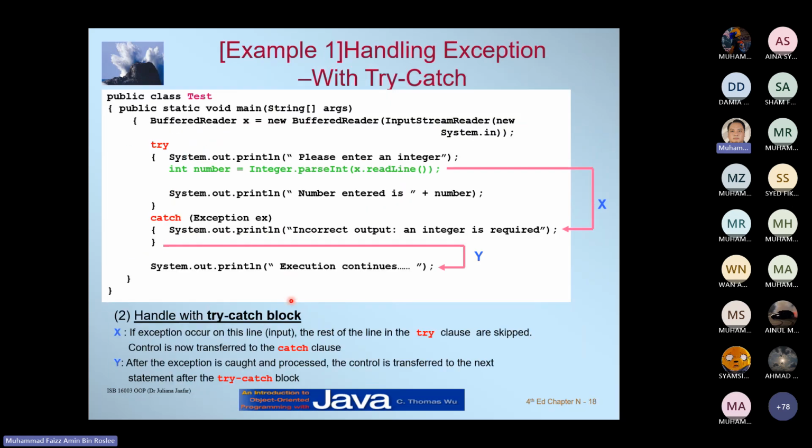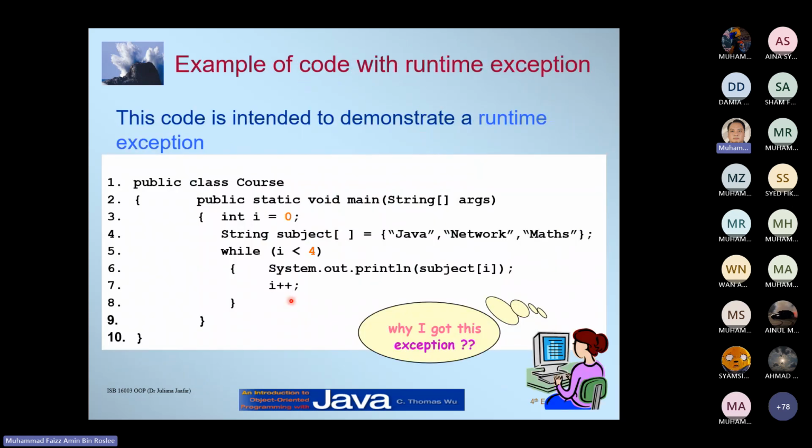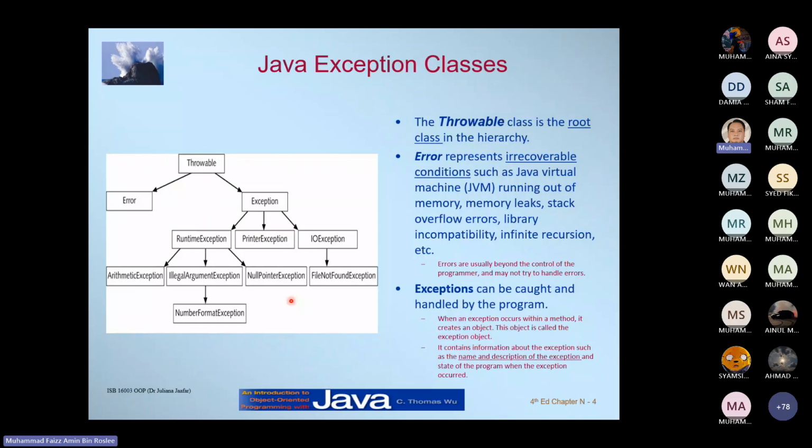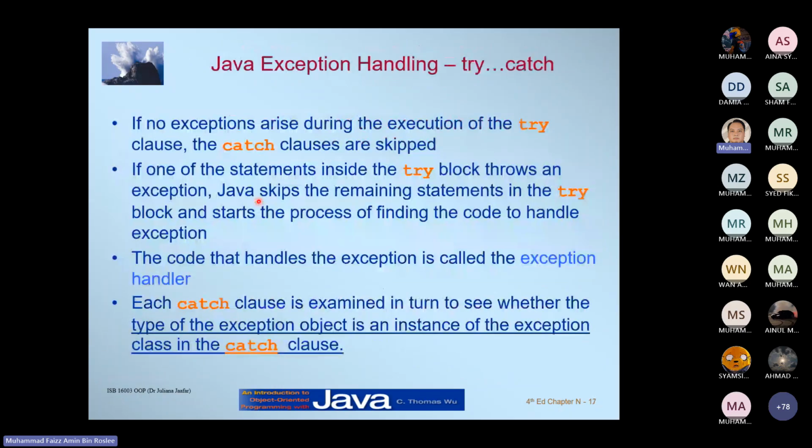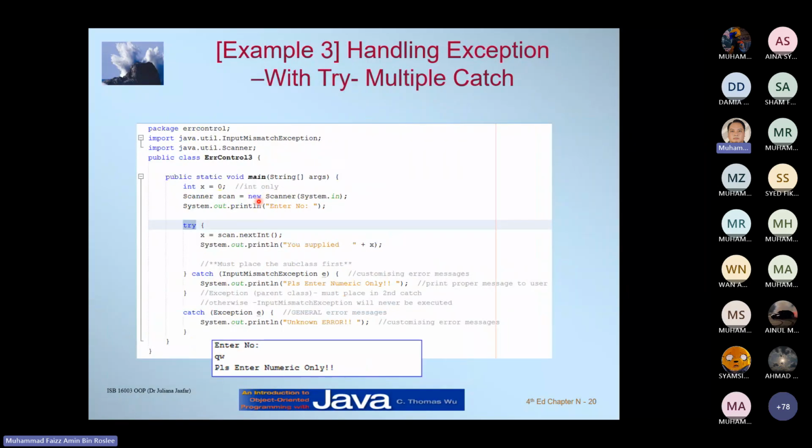If you can see in the first diagram, where was the diagram? So, oh, see over here, you have exception as the main one, right? So input mismatch, which is a runtime error, or any arithmetic exception over here, is a subclass of the exception. So you cannot declare the main class first and then use the second one. So notice over here, Java is not complaining because you use the subclass first before you use the exception class.